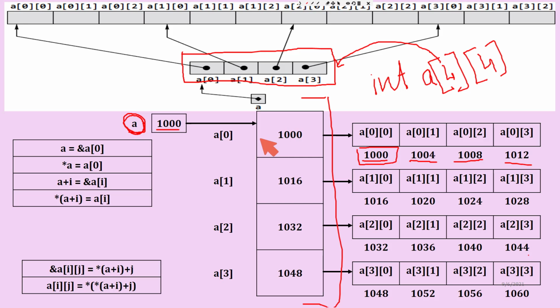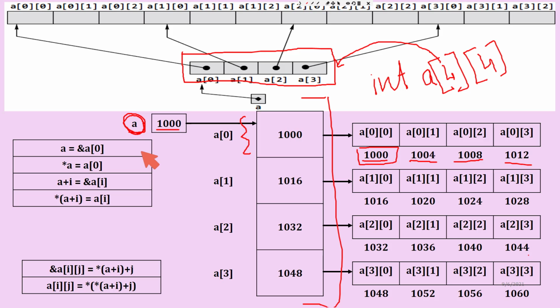Earlier, in normal arrays, it contained the address of the first cell. Here there is a slight difference. It is designed so that pointer A contains the address of the first cell of the two-dimensional array. That is 1000, and it is stored in the first cell of the internal one-dimensional array. That same value is stored in pointer A also. These are all conceptual and internal things.